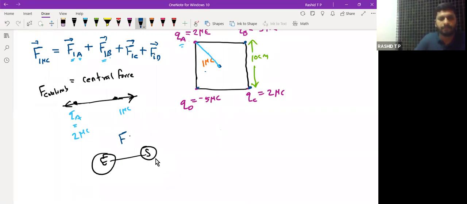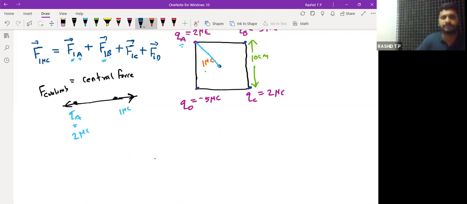You will study that one, G M1 M2 divided by R square. This force of attraction also takes place along the line joining the two bodies. These are all central forces.